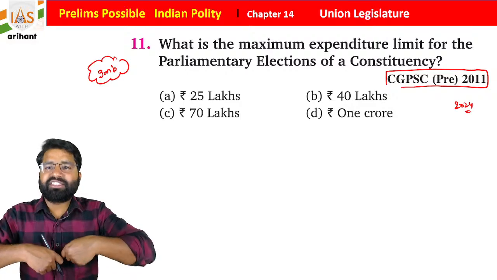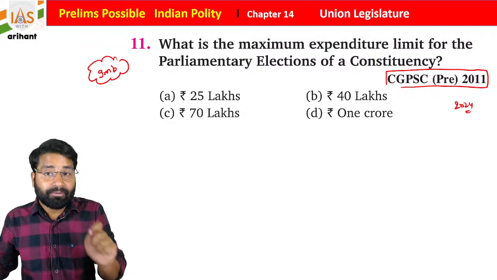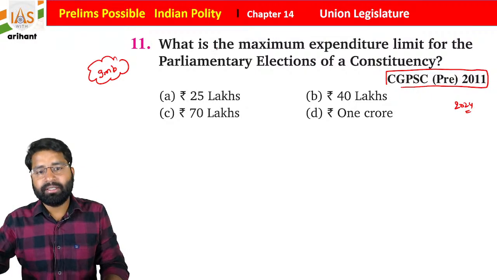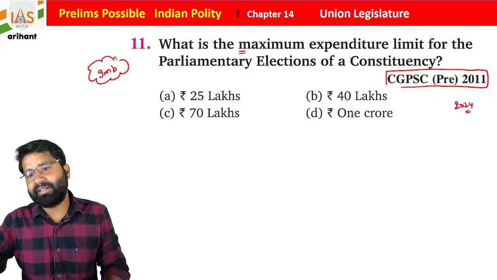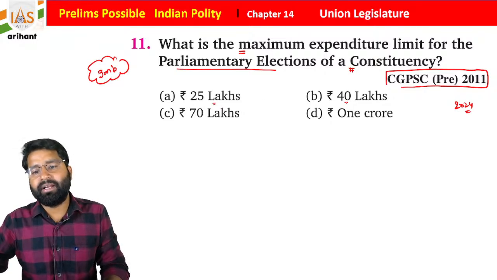They cannot spend a lot of money. There is a cap on how much money they can spend, for creation of a level playing ground. So what is the maximum expenditure limit for the parliamentary election of a constituency? Is it 25 lakh, 40 lakh, 70 lakh, or 1 crore?